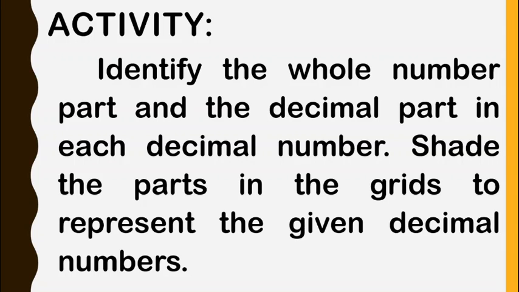Shade the parts in the grids to represent the given decimal number. Again, first identify your whole number part, and second your decimal part. The next step is to shade the total of your whole number in our hundreds grid.